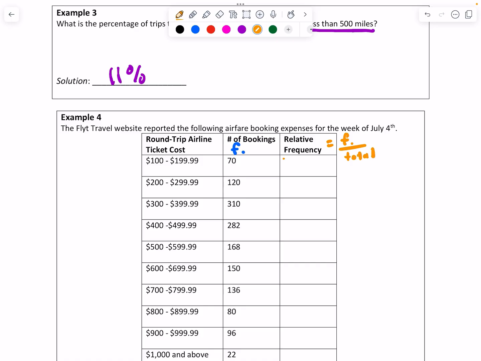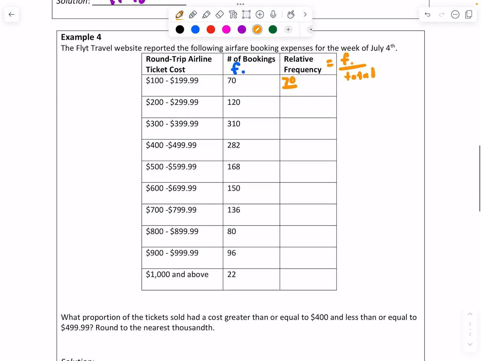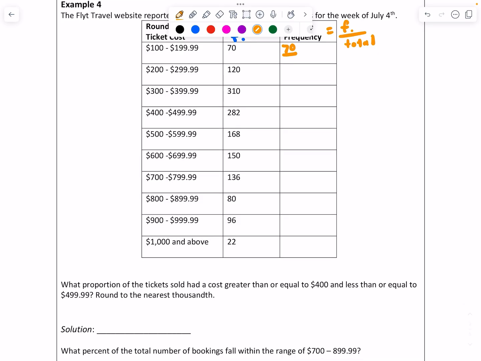So this is going to be 70 divided by, what's our total? We don't know. Let's find it. Total equals, add them all together. So 70 plus 120, 310, 282, 168, 150, 136, 80, 96, 22. If you add all those together, we'll get 1,434. That's what we're going to be dividing by.